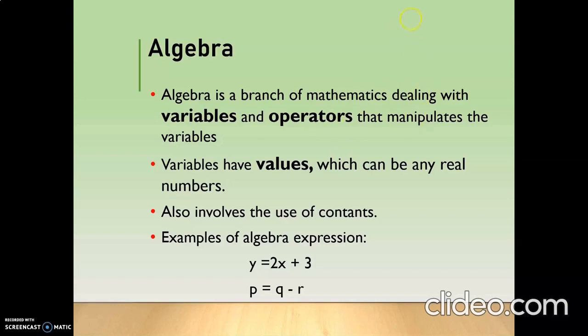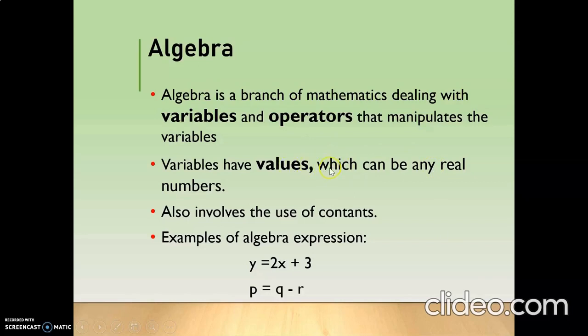Also, in algebra, variables have values which can be any real numbers, which are the numbers we deal with every day, such as 1 to 3.